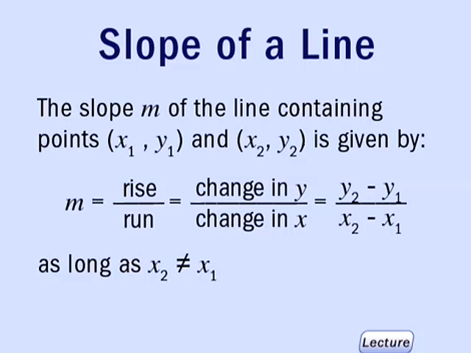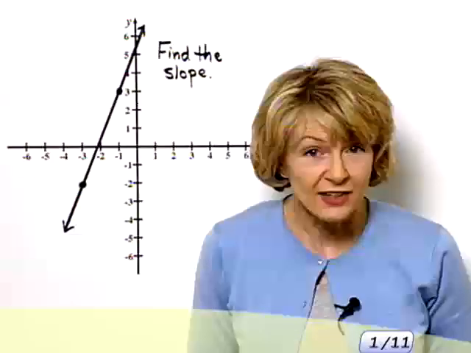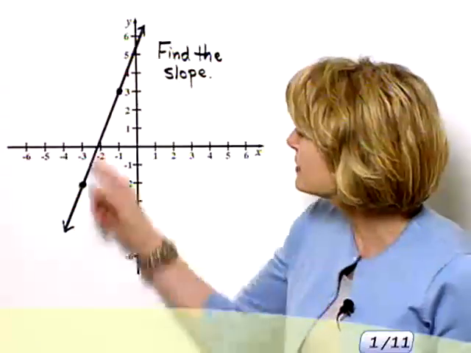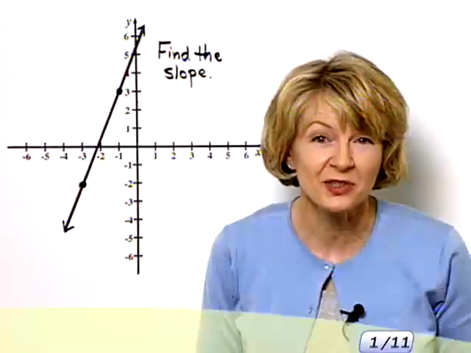It is equal to rise over run, which equals change in y over change in x. And we find that by y sub 2 minus y sub 1, the change in y, over x sub 2 minus x sub 1. This is, of course, as long as x sub 2 is not equal to x sub 1. So let's use that slope formula, and let's find the slope of the line through these 2 points.